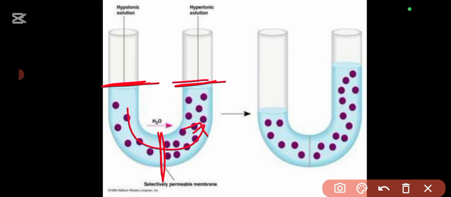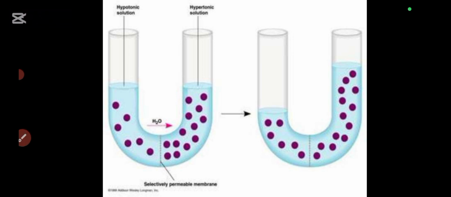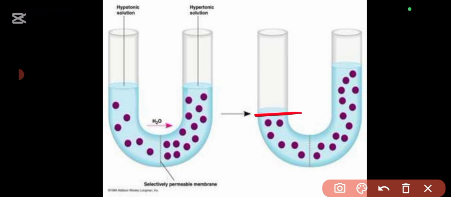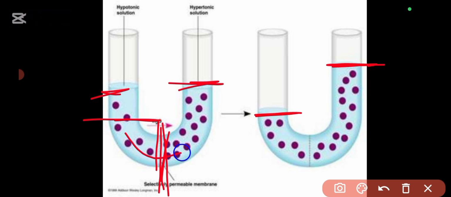Then after, you are going to see that the water reduced in its level here, and it increased here. So water moved across this membrane, isn't it? Water moved into this place. Is that clear?